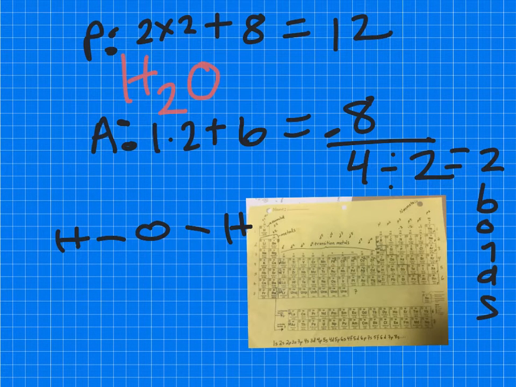And the last part I really need to get up to is that 8, like I said. So they're going to go here. Oxygen needs 4 more, or 2 more sets. So it has 2, 4, 6, 8, and that adds up to the 8. And that is the Lewis structure for water.